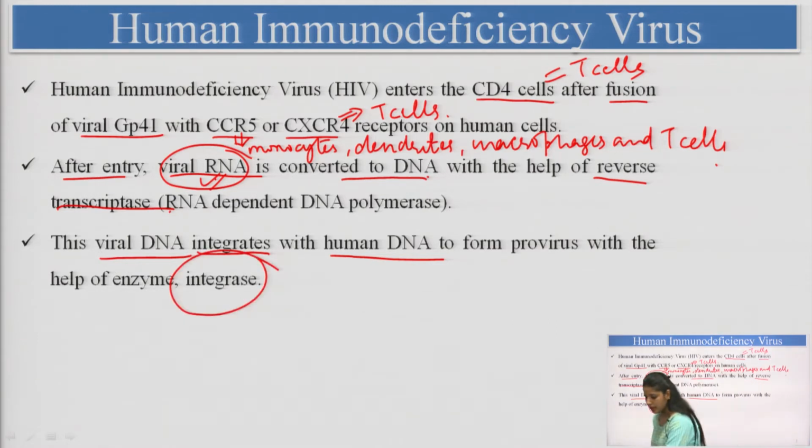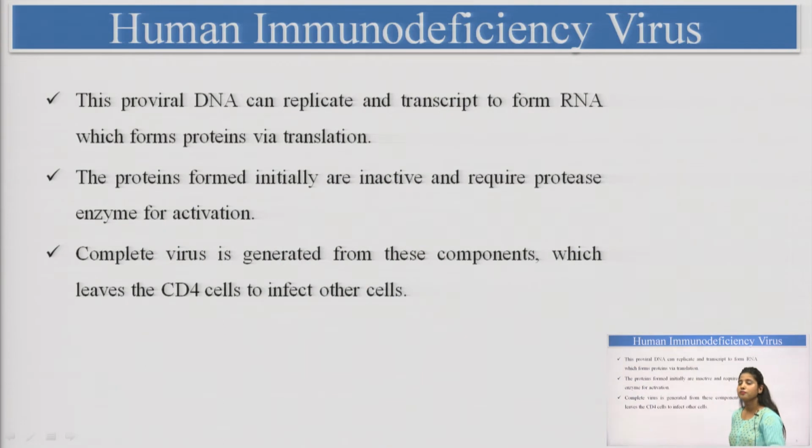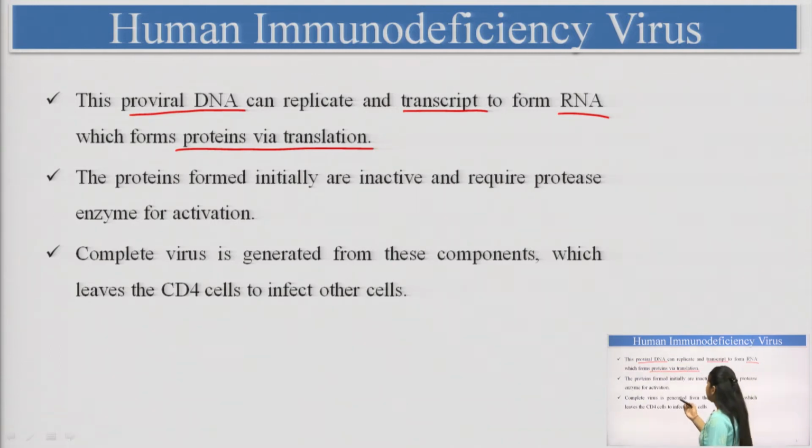After that, what would happen? There will be the formation of proteins. This proviral DNA can replicate and undergo transcription to form RNA, which further forms the proteins. These proteins formed initially are in an inactive condition, so they need to change into active form by the enzyme protease.